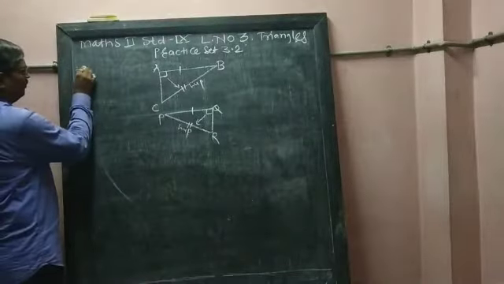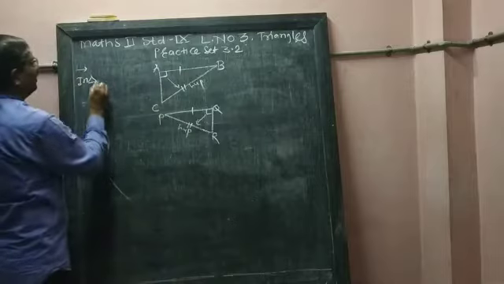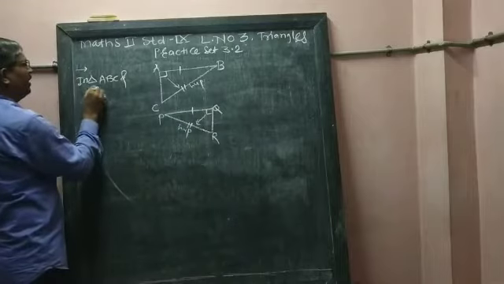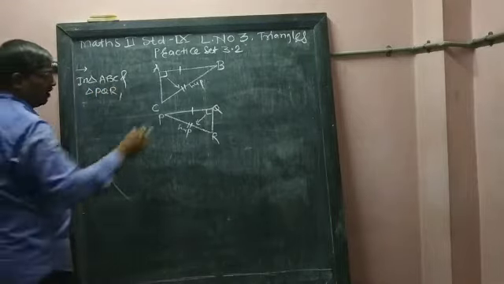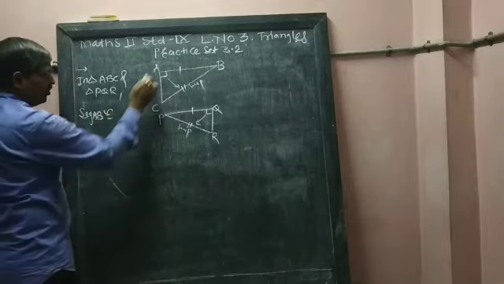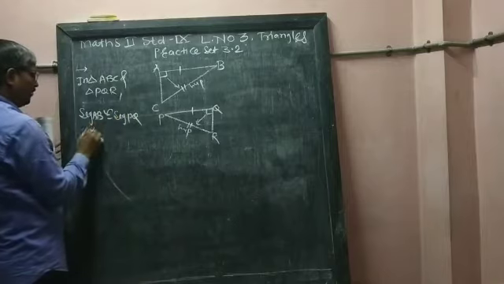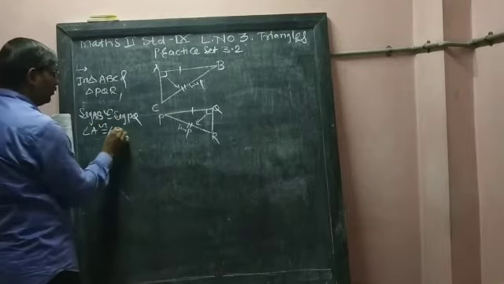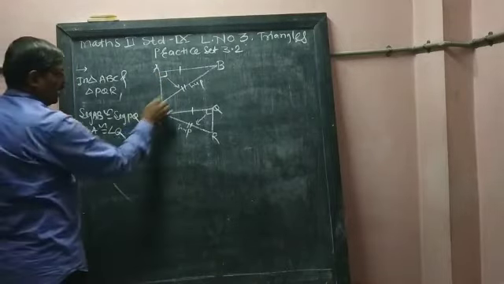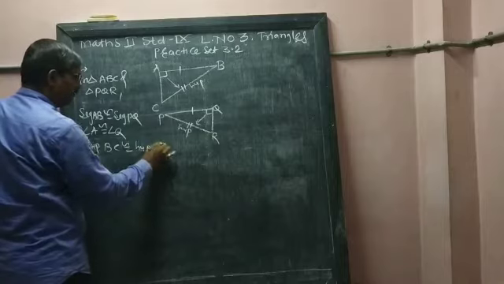We will write the solution: in triangle ABC and triangle PQR, seg AB is congruent to seg PQ, angle A is congruent to angle Q, and hypotenuse BC is congruent to hypotenuse PR.